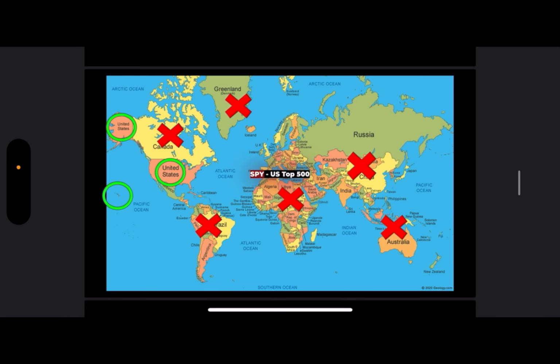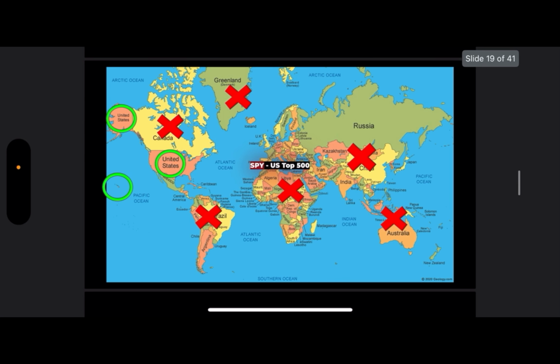SPY is basically the US top 500 again. Those three circles are considered the United States, where the red, anything else beside the US, is not gonna be included.